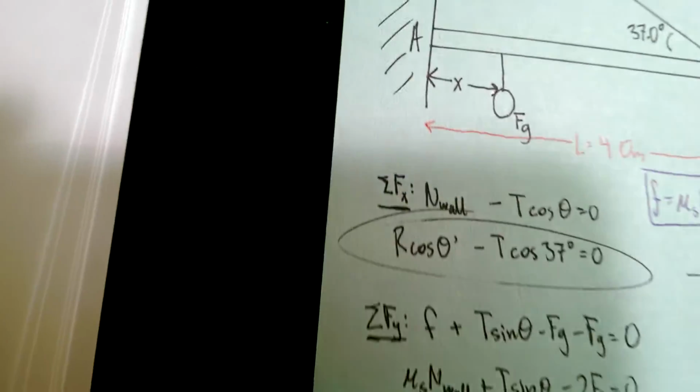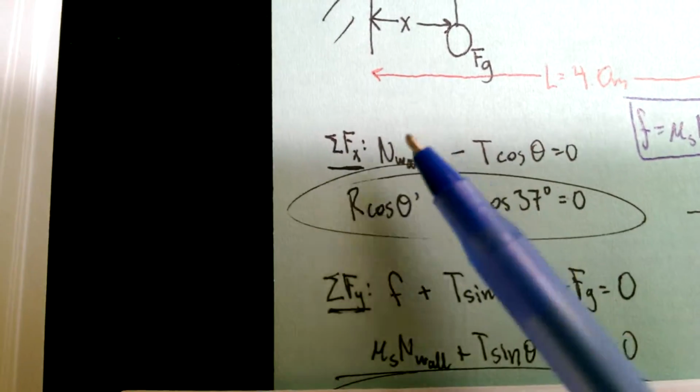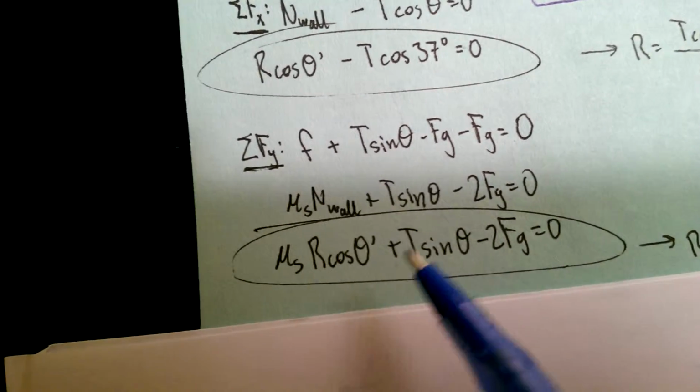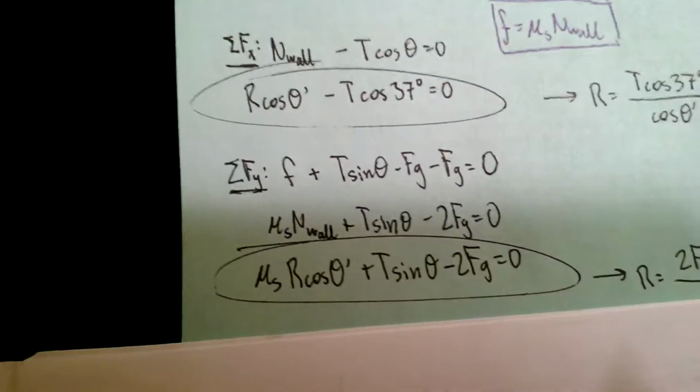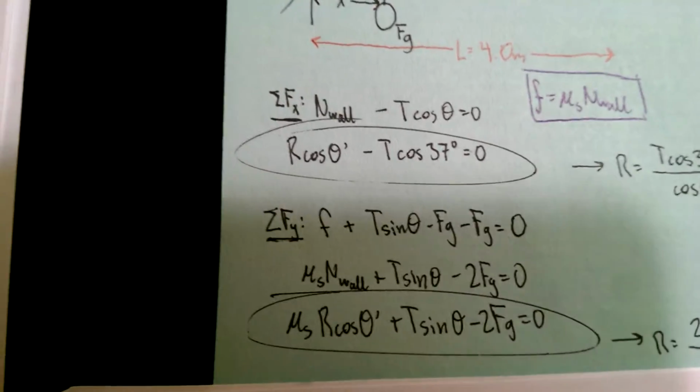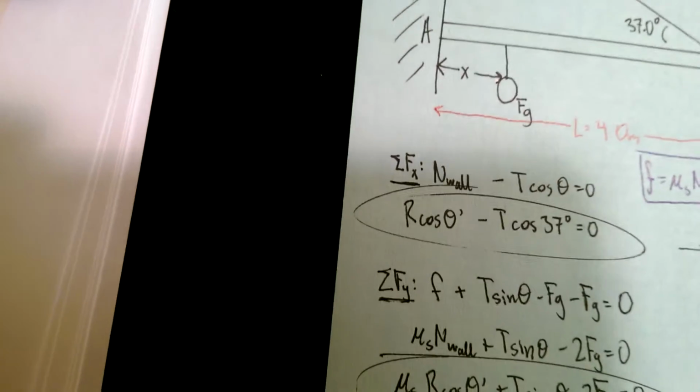And if you substitute what you found for the normal force in the x direction, you'd end up with mu s R cosine theta prime plus T sine theta minus 2Fg equals 0. And since we don't know what R is or what theta prime is, you can set the two equations equal to R, and things will start canceling out.